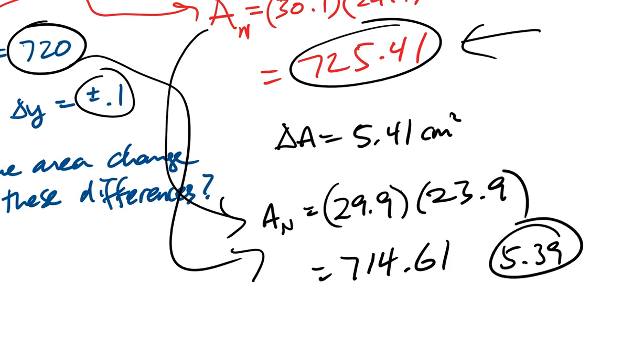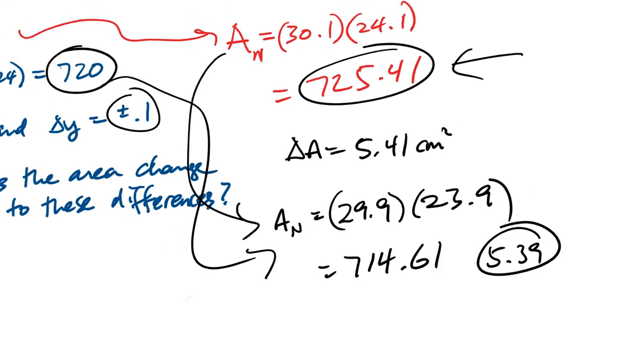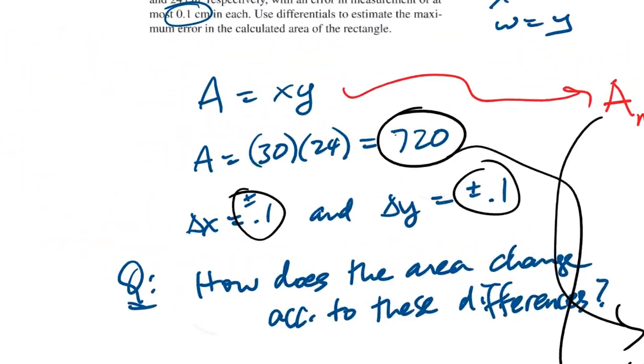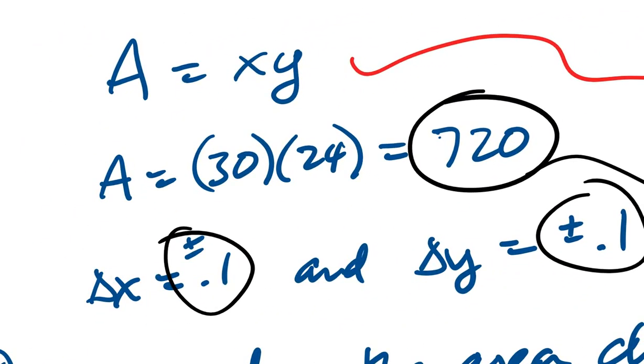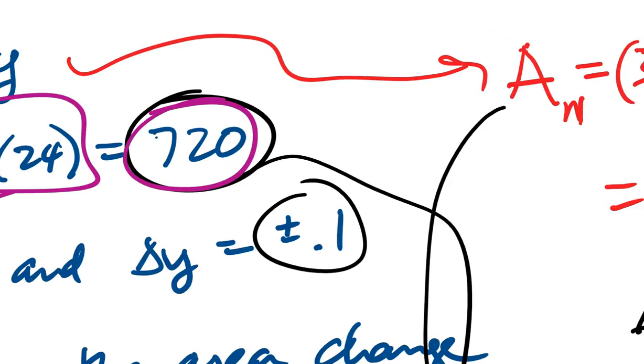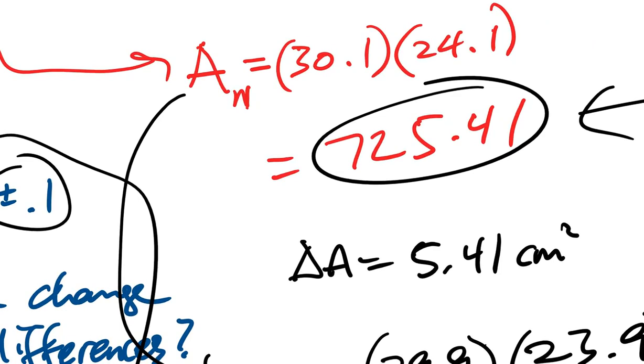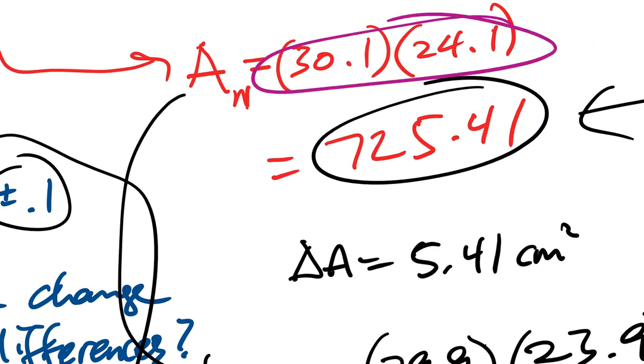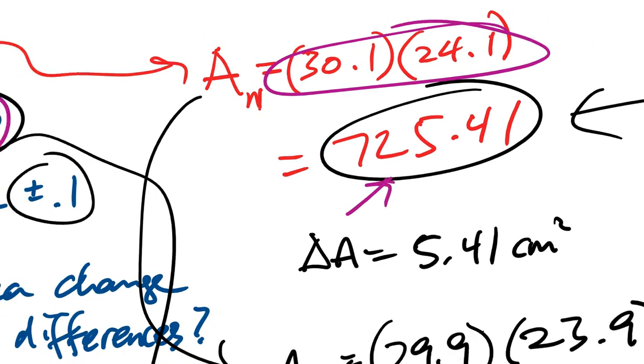All right, so there's a better way to do this. What we did was calculate the area using the original terms here. We got 720, and then we calculated the area using the new ones here. We got a new area there. So there's another way to do this, and it involves differentials in Cal 3.